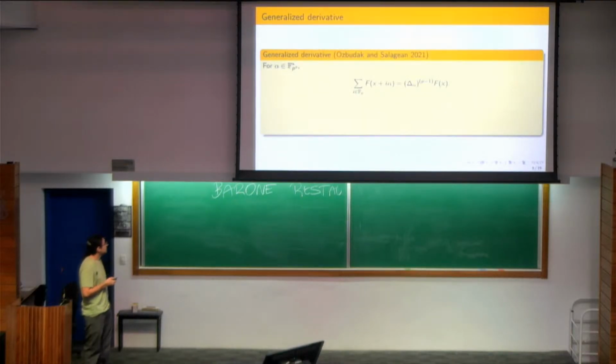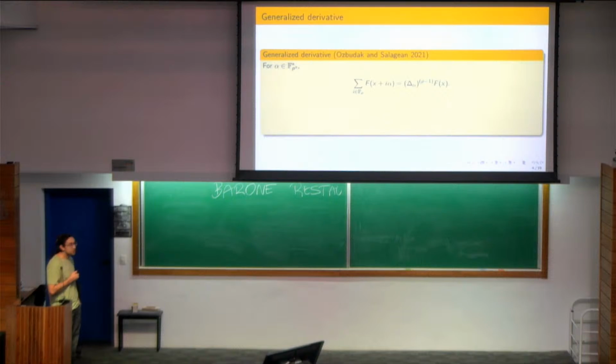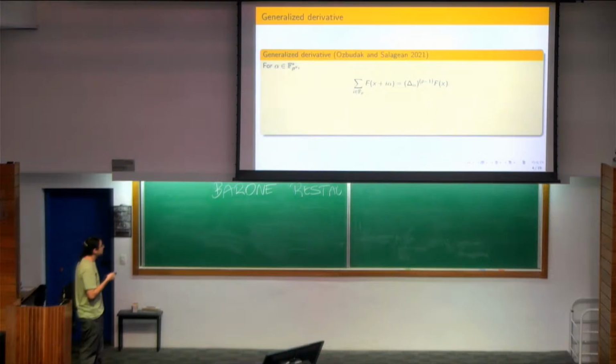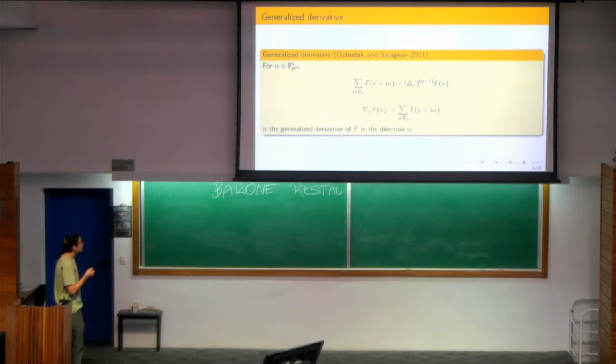For any direction alpha, this sum is just a higher order derivative of f in the direction alpha: we apply the discrete derivative p minus 1 times. So they called this sum the generalized derivative of f in the direction alpha.